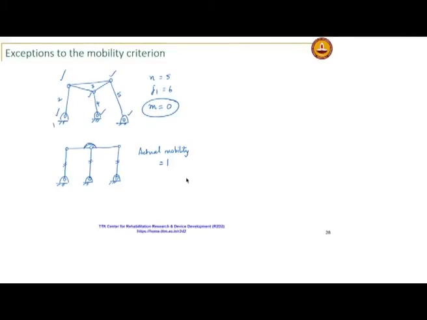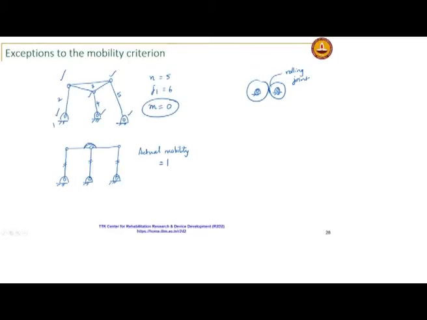Okay. So, similarly you have two friction discs. Okay. You have say a rolling contact. Okay.